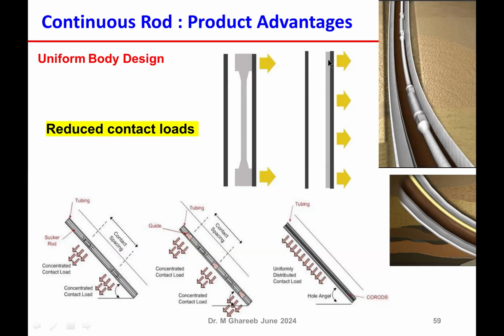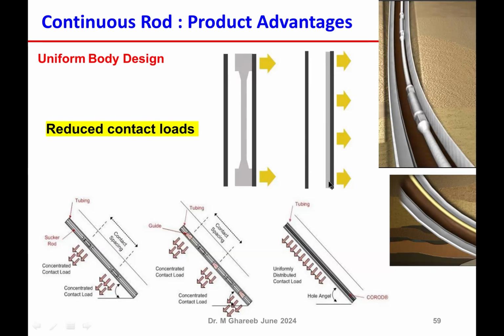What if I use a continuous rod string? The continuous rod string will be on the low side, and all that side load will be distributed along the whole rod string. If the length is, for example, 25 feet, then the whole 100 pounds of side load is distributed over 25 feet.